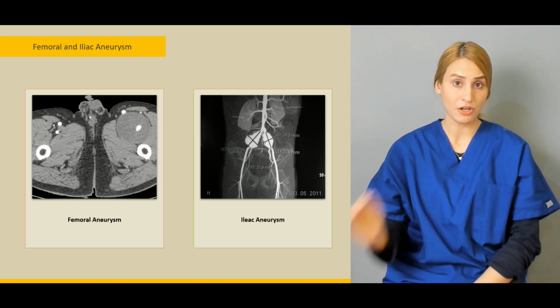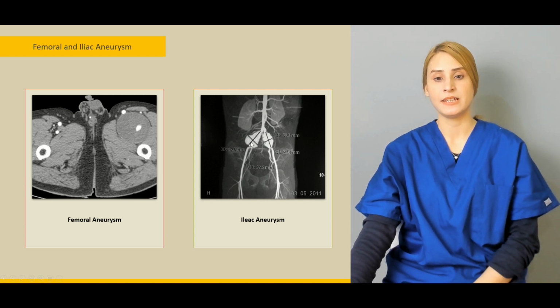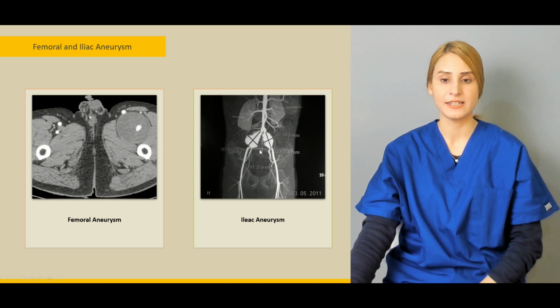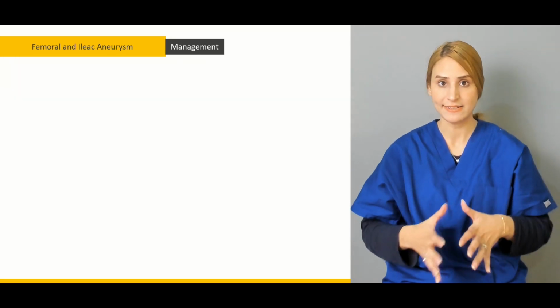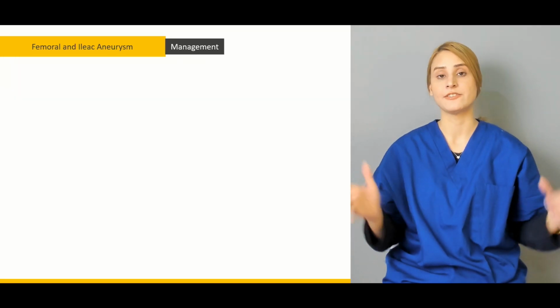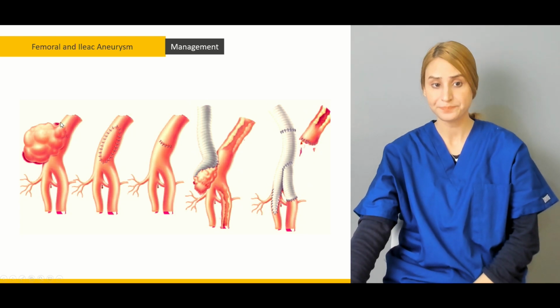So you do the femoral artery bypass graft, and this is the iliac aneurysm after the bifurcation in the common iliac vessel. The same is done, a bypass graft. You ligate the aneurysm, you get the proximal and distal control, and then you put the bypass graft. As you could appreciate, this is the aneurysm.